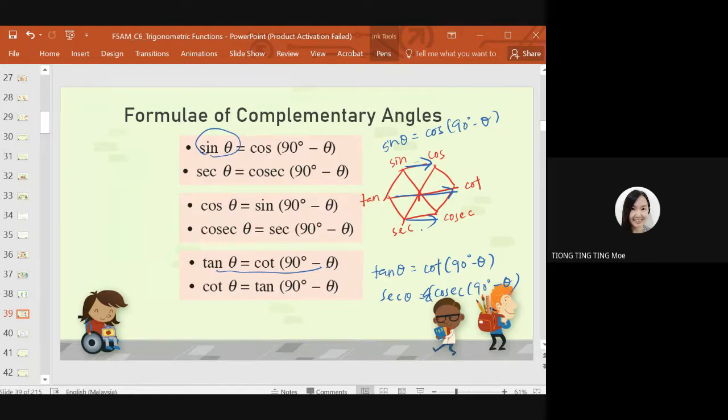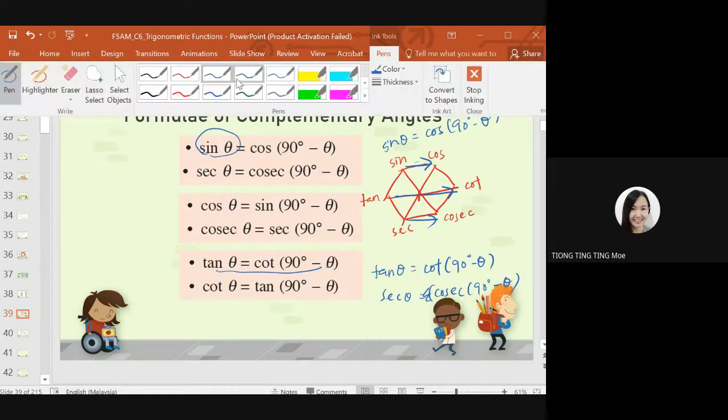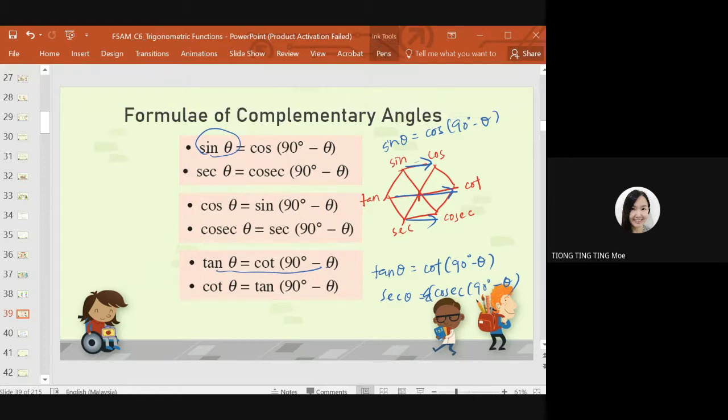What you need to do is to know how to draw the magic hexagon, then know what the lines mean. Now for the reciprocal, it's different. For the reciprocal, I change to another color, green. For the reciprocal, we use these two. Sin is reciprocal with cosec.